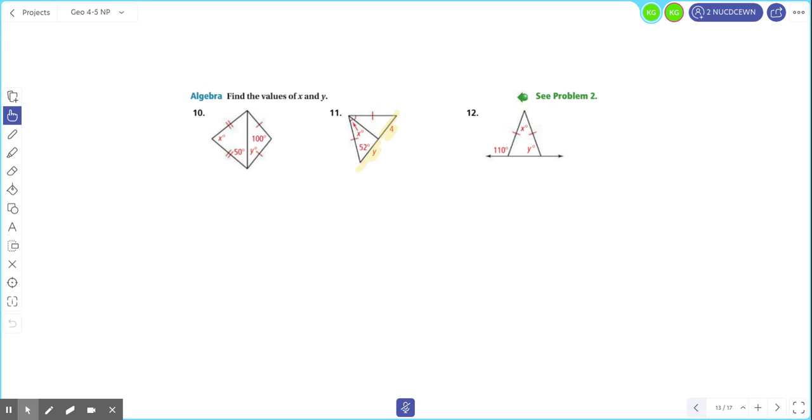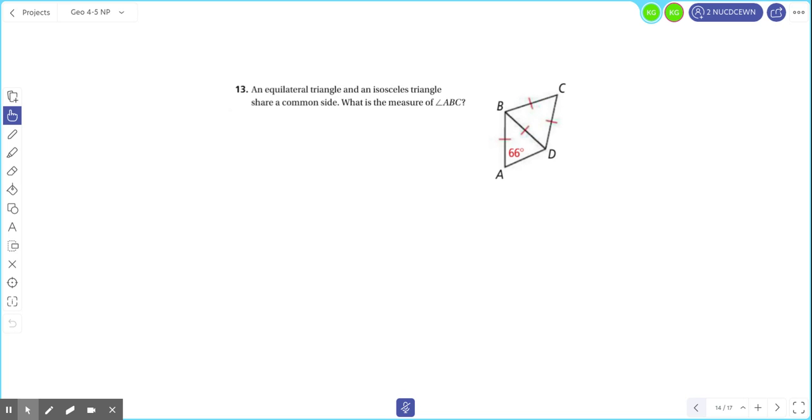You can look back in your notes or look back in the video to figure it out. All right, and then 12 is another isosceles triangle problem involving the angles, involving a linear pair of angles there to help you figure that one out. 13, equilateral triangle and isosceles triangle share a common side. What is the measure of angle ABC? You should be able to figure that out.